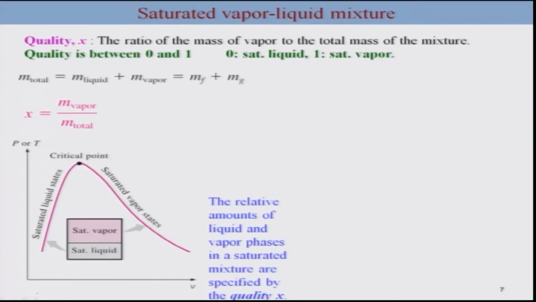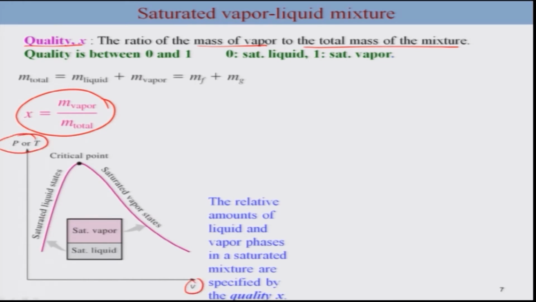We are going to introduce quality x, and this particular quality x is the ratio of mass of vapor to the mass of the mixture, okay, which essentially means x is equal to m vapor divided by m total, and this tells you how much amount of vapor is present in the mixture. So again, you have a P or T as a function of v.